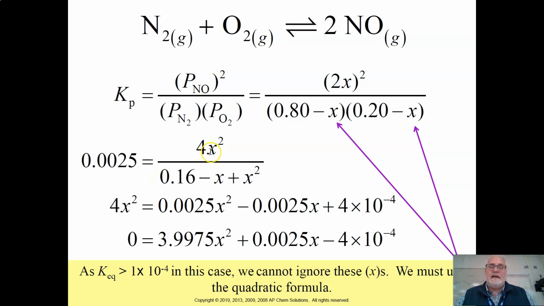So what we did is we moved everything over to the other side here. Okay, so when you do the math on that and you multiply this whole thing, you can see that that 0.25 carries through on both the x and the minus x, and when you take 0.16 times 0.0025, you'll end up with 4 times 10 to the minus 4th.